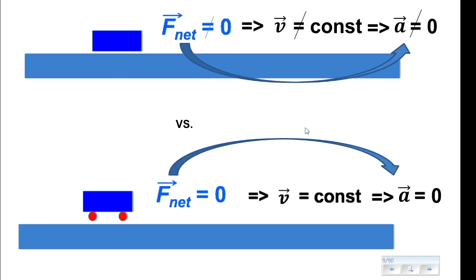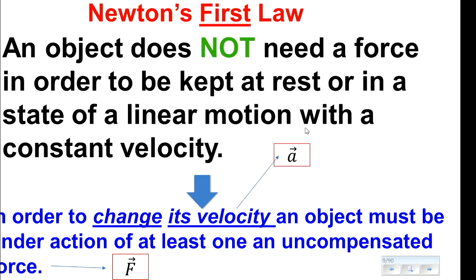So these two situations describe two more Newton's laws. First of all, Newton's first law. Newton's first law says that in order to move with a constant velocity, an object doesn't require any forces acting on it. In outer space, you can throw a ball and it will be flying until it hits a star or something else.